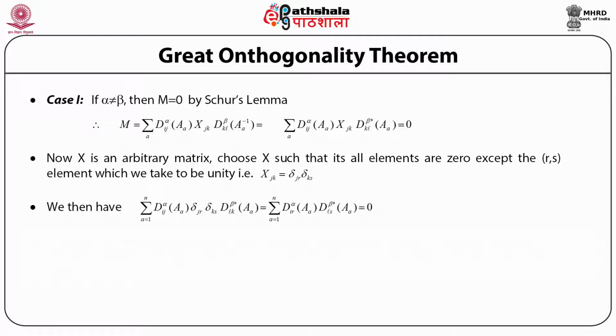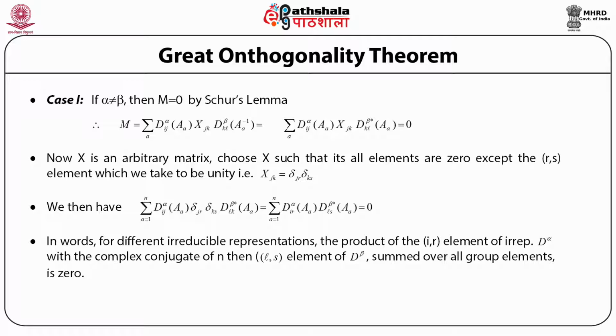It means that for different irreducible representations, the product of the ir element of the representation D alpha with the complex conjugate of the matrix element ls of the matrix D beta, summed over all group elements, is 0.